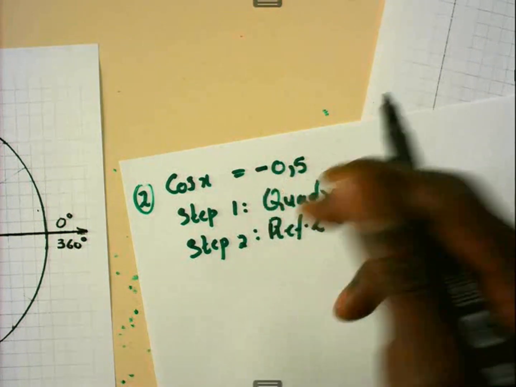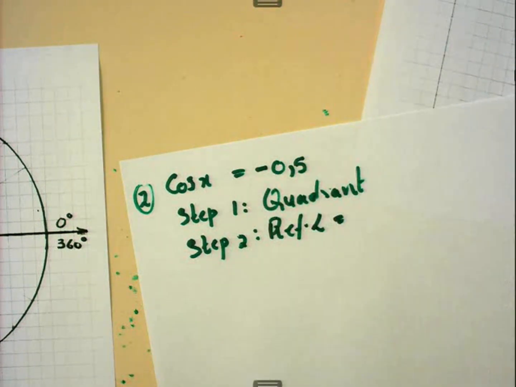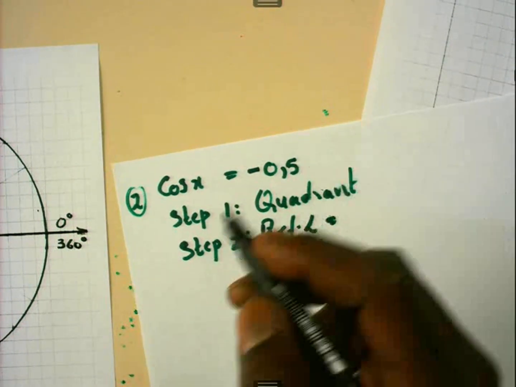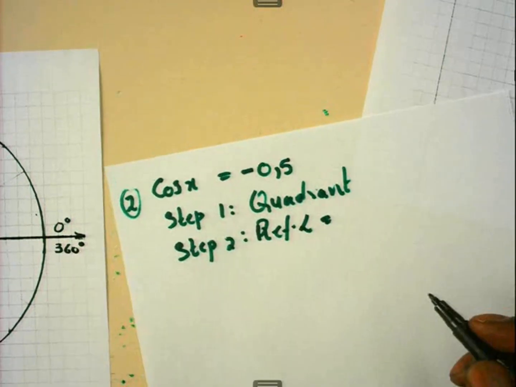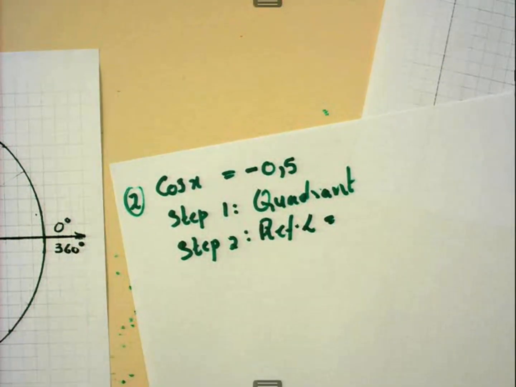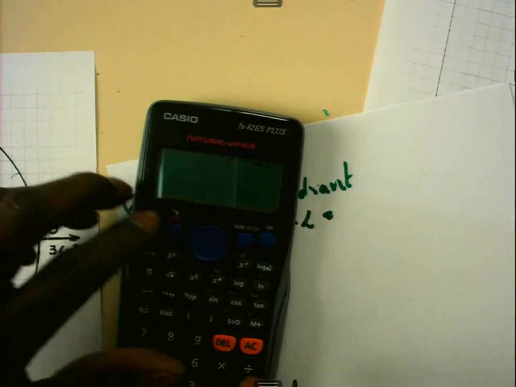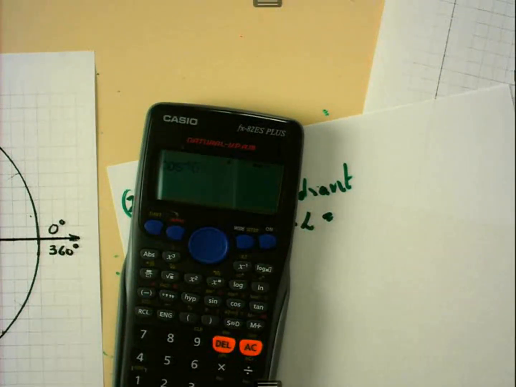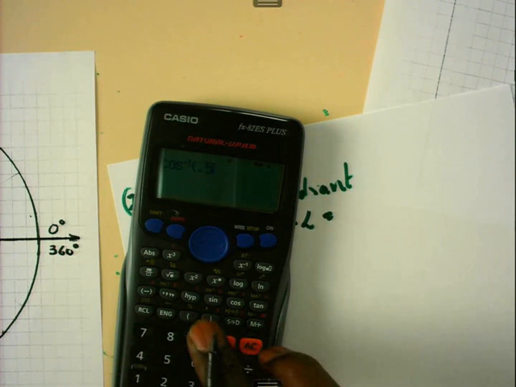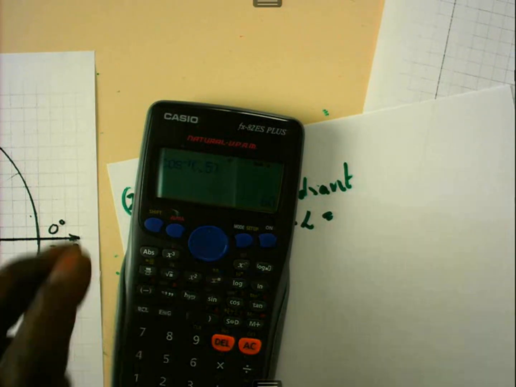Shift or second function, then cos in this case because we are working with cosine here. Let me just verify. Second function, cos. The Casio is so nice to me. It has put the bracket. And then we put 0,5 and equals.